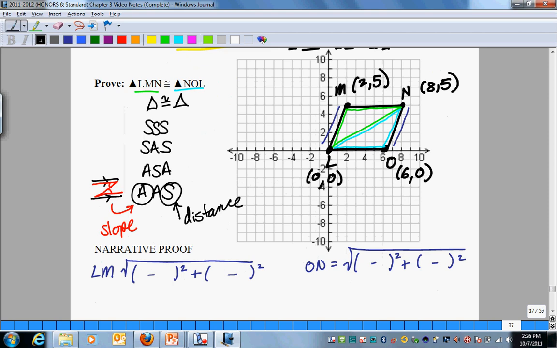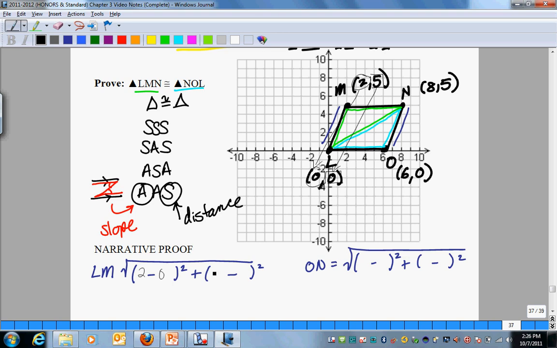Okay, now I'm going to plug in my numbers. And I'm going to circle my x's, going this direction, top to bottom. So I'm going to go 2 minus 0. Box my y's.